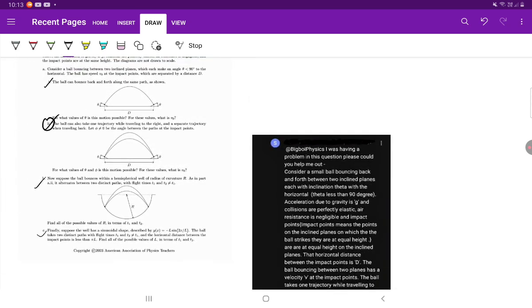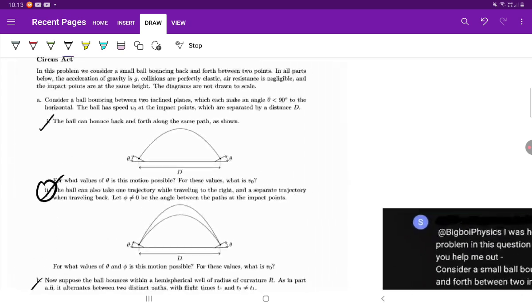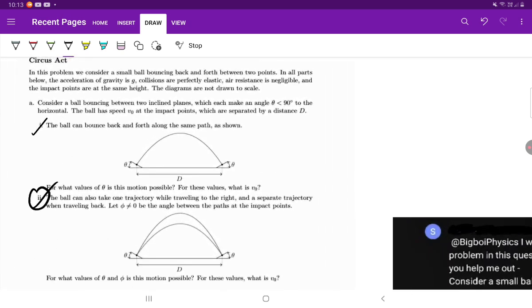I hope your wish will get fulfilled by discussing this problem. So let's get started. The question says that in this problem we consider a small ball bouncing back and forth between two points. In all parts below, the acceleration due to gravity is g and collisions are perfectly elastic. Air resistance is negligible. The impact points are at the same height, and the diagram is not to scale.